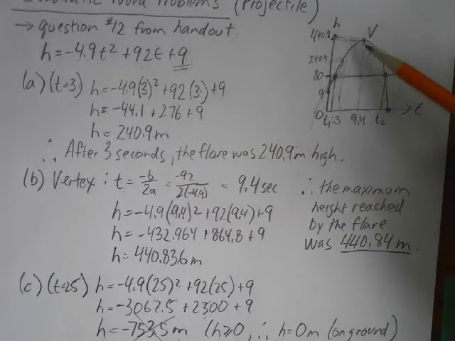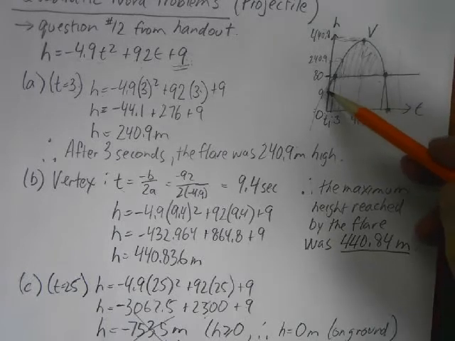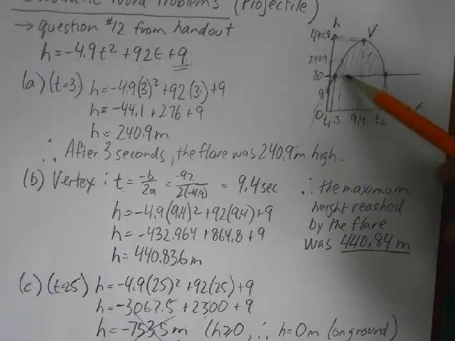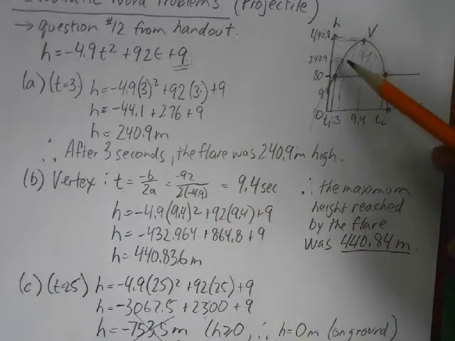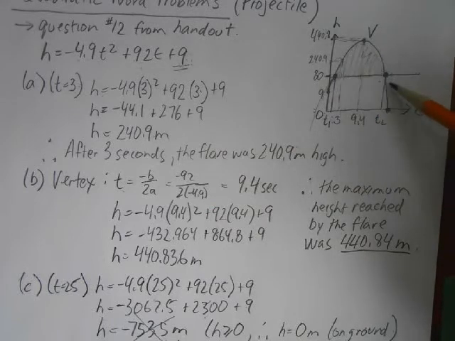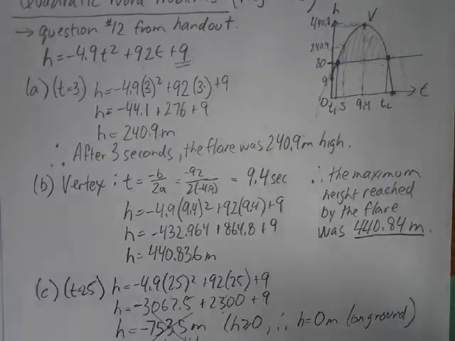Things like, what's the vertex, meaning what's the highest height that the object was at, what time or distance did that happen, when did it hit the ground, how long did it take to hit the ground, what's the initial height, and then more specific questions, how high was the object at a certain time, or how long was it above a certain height. So we've covered all of those. It's just organizing the information.